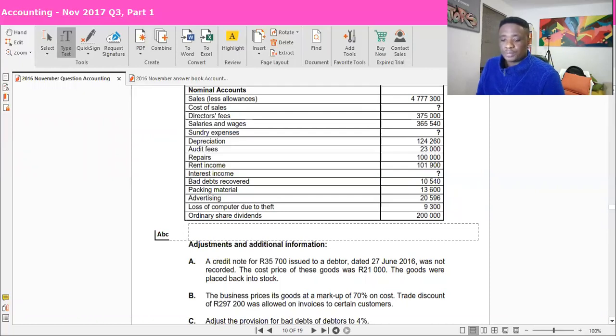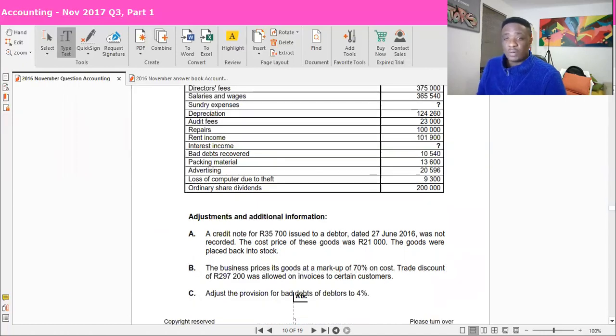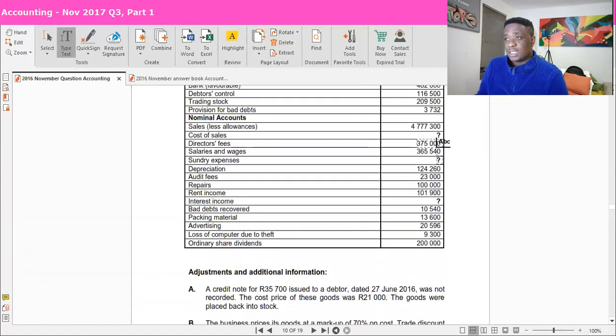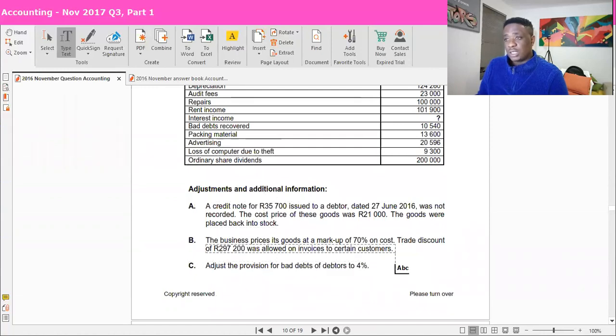And then let's move along and see if there's anything else that we would need to add. So let's calculate the provision for bad debts and see whether we need to increase it or reduce it. If we need to increase our provision for bad debts, that is an expense, but if we need to adjust it down, then it becomes an income. So we have this balance of debtors control, 116,500, and they tell us that we need to adjust to 4%.